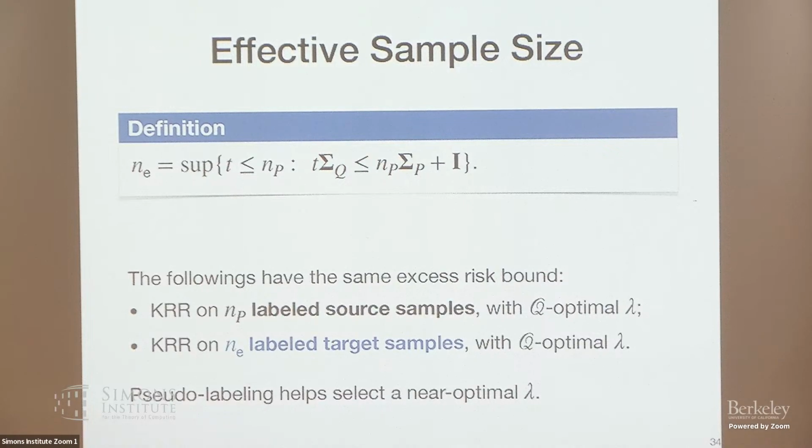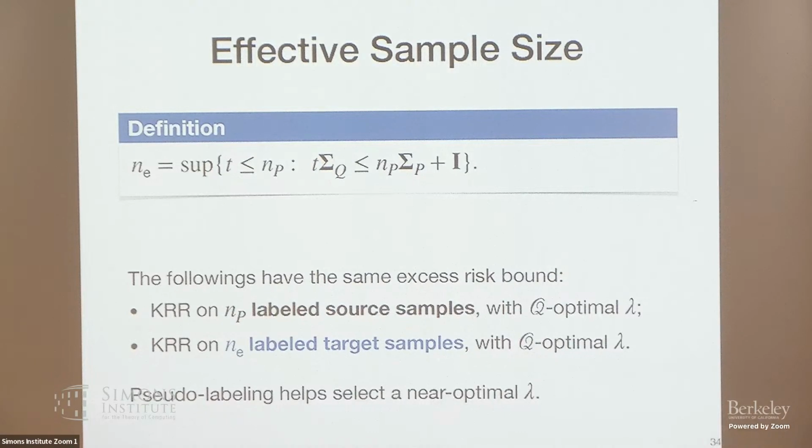So where does it arise? Well, you do some calculation, because kernel ridge regression has an analytical form solution. So you can do some algebra and see that the following two terms are essentially the same. You can run optimal kernel ridge regression using NP labeled source samples, or you run kernel ridge regression using this number of labeled target samples.